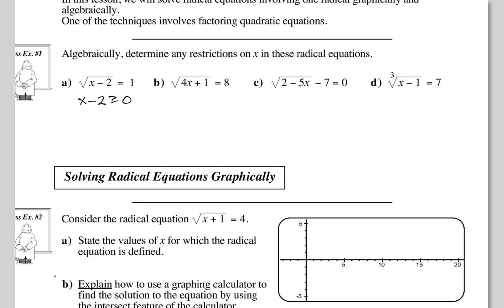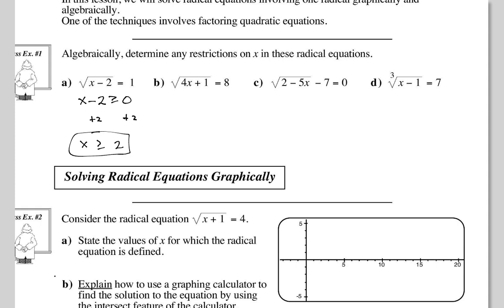How do you do that? Good, plus 2 both sides. X is going to be greater or equal 2. Just as a reminder, do you see how the symbol's opening up this way, like the crocodile's opening up that way? So that means x is greater or equal to.